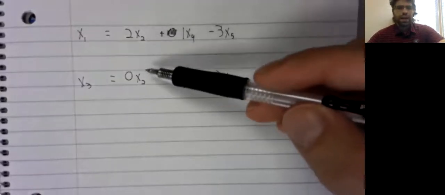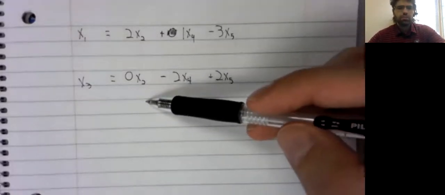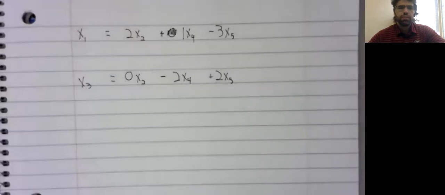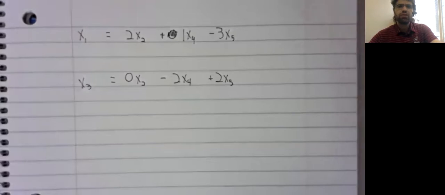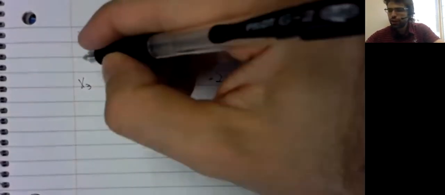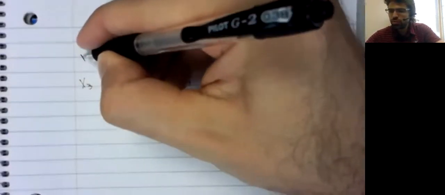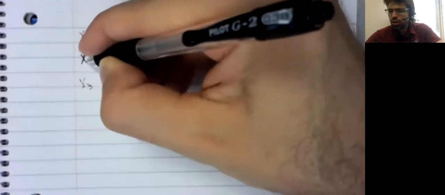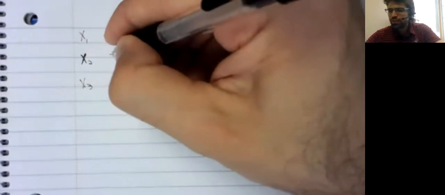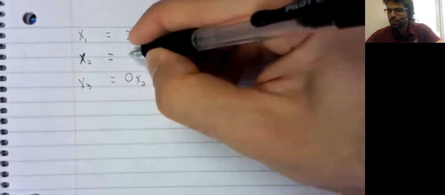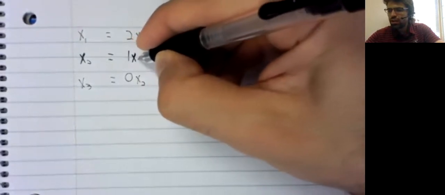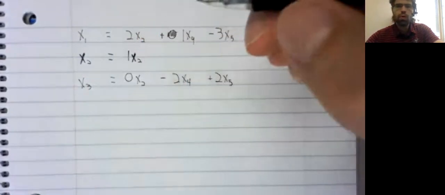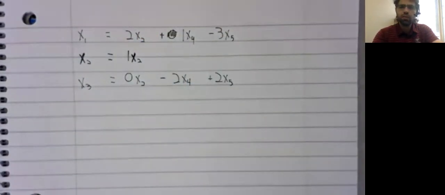We'll now pad this out by adding equations for the 3 free variables, about which we can say that they're certainly equal to themselves.